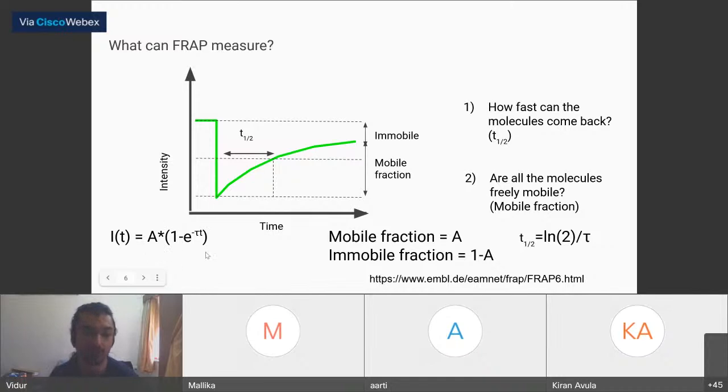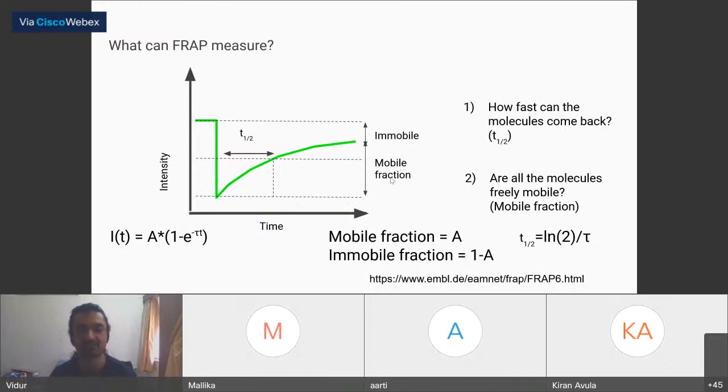However, points to note from this single exponential is that it has two terms that are extracted from this recovery profile. The first is tau, and the second is A.